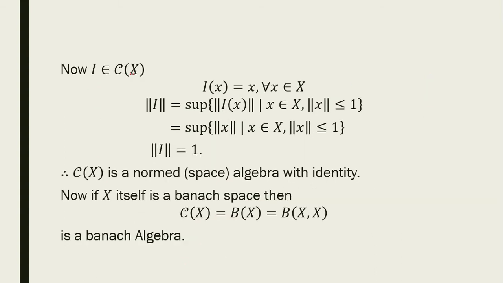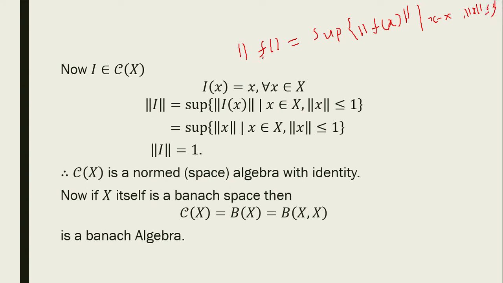Now I belongs to script C of X, where I of X is equal to X for every X belonging to X. By the definition of norm, norm F is equal to the supremum of norm F of X such that X belongs to X and norm X is less than or equal to 1.